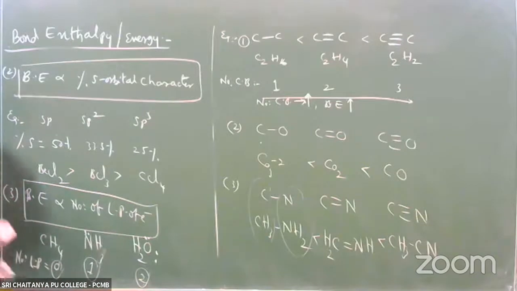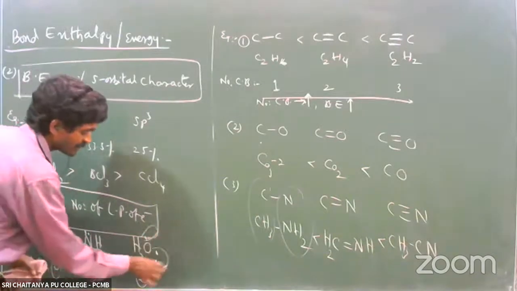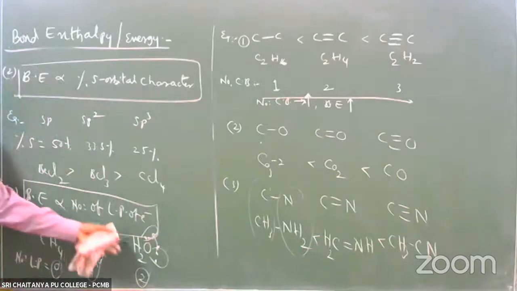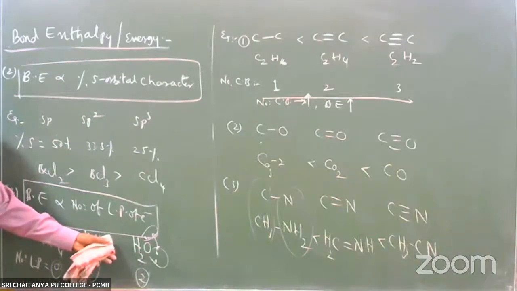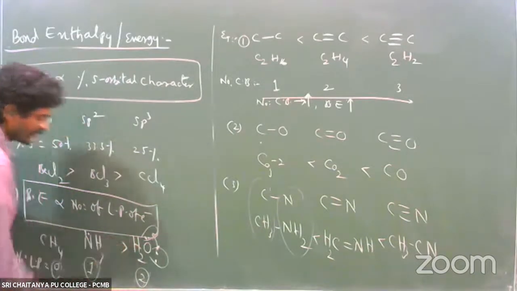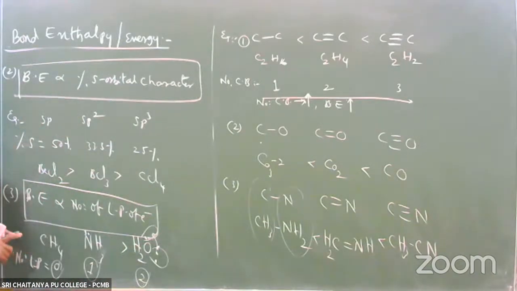As the number of lone pairs increases, repulsions between them increase. That's why repulsions are more and attractions are less. The bond is less tightly held, it's very easy to break the bond, and that's why the bond energy is less. Where there are no lone pairs, all are bond pairs, so there are strong bonds and more bonds. Attractions are more because lone pairs are not there.